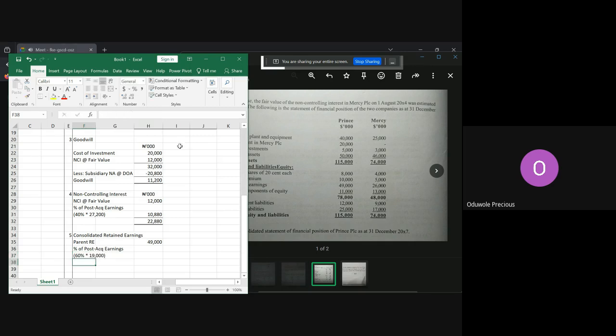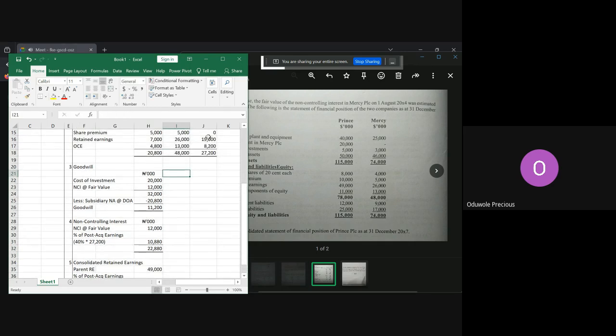Now, why am I using 19,000? Because I only want to get for this. You now ask yourself, why am I not doing for this? Because both of them belong to equity. But it's also necessary that you get both of them separately. It's not as if you get them together, you get a wrong answer.